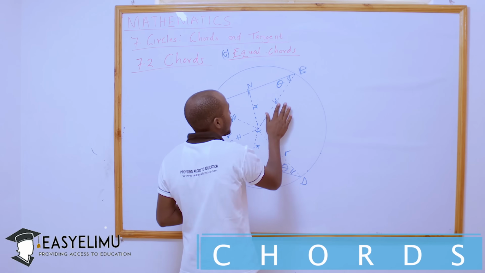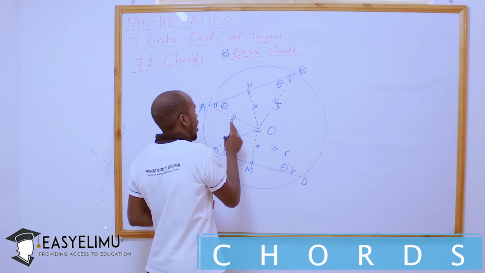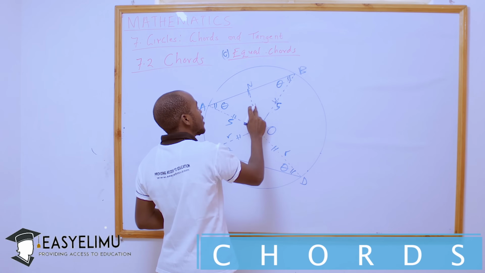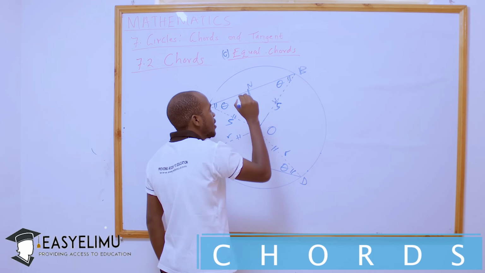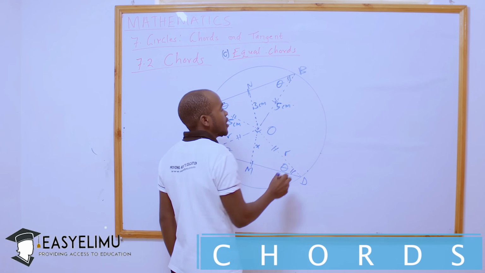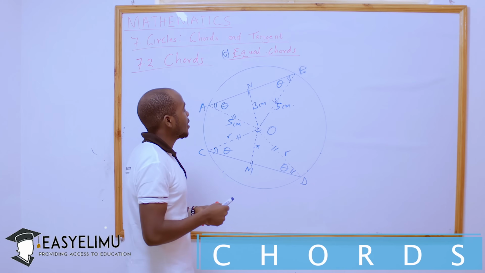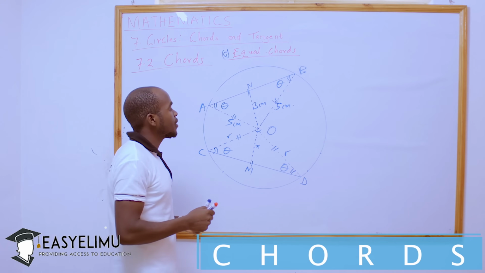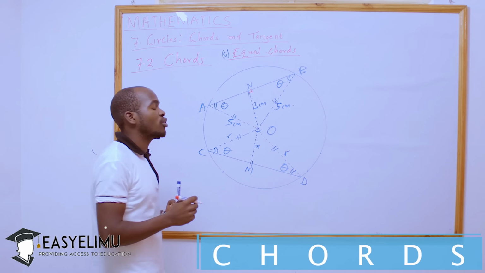So we shall do this. Where the R is, we are going to replace it by 5. And since we have been told they are 3 centimeters from the center of the circle, then here will be 3 centimeters, and the radius is 5 centimeters. So we need to find the length of the chords. If that is the case, we shall still use the relationship, and we have that this one here will be a right angle triangle.